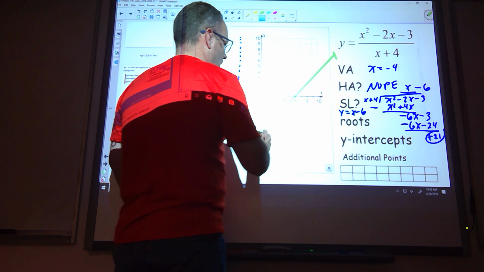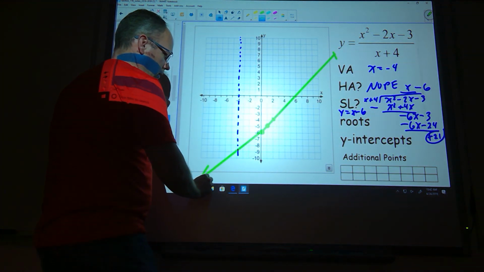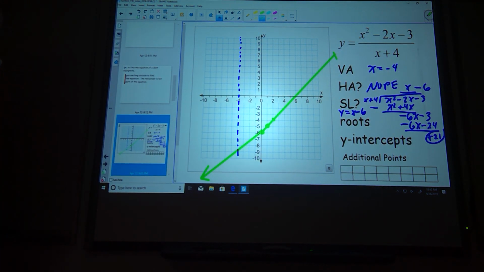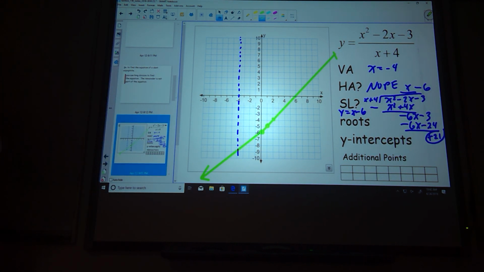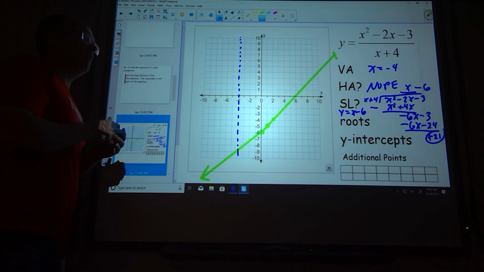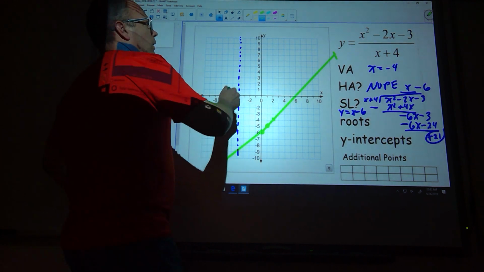So that's my end behavior asymptote. Nice thing is in here, we're just going to deal with them being lines, but they can be parabolas, they can be thirds, they can be fourths, but we're just going to deal with the lines now. So that green line is, as I go to the right and to the left, the asymptote that my graph is going to approach.